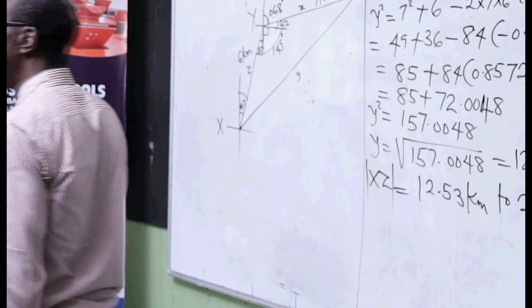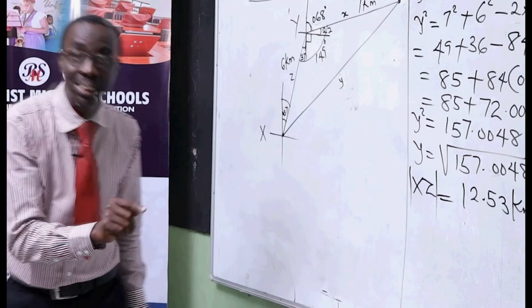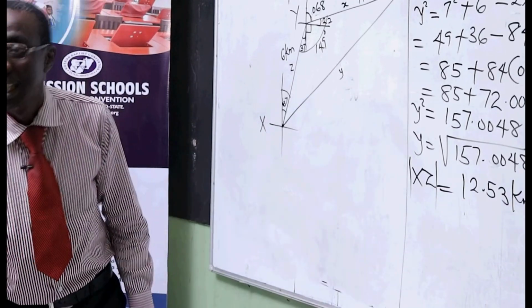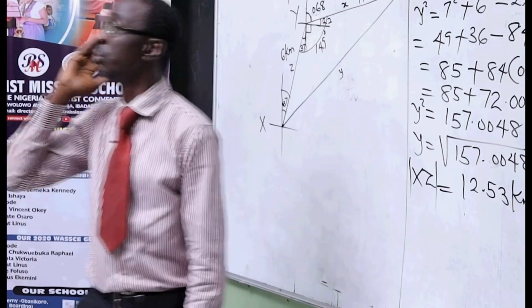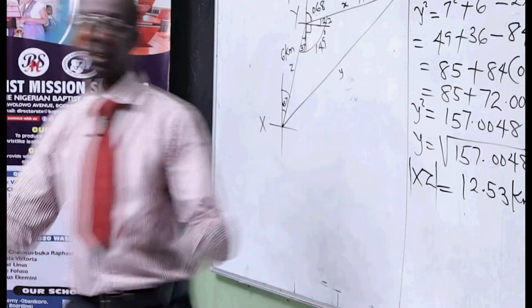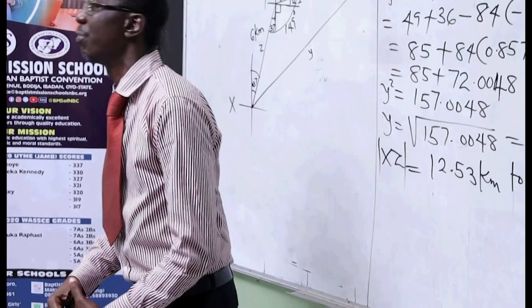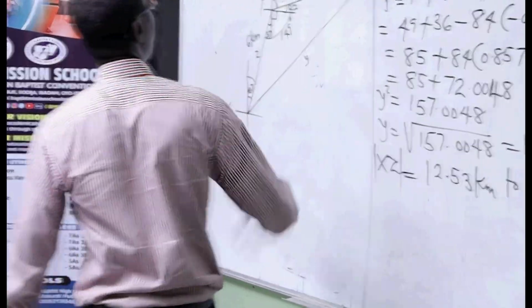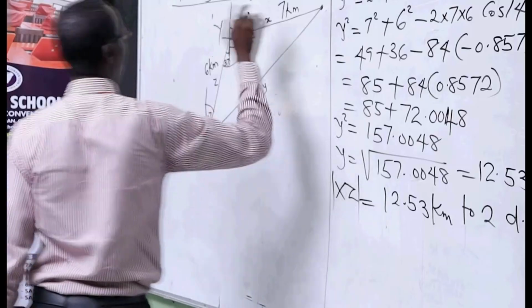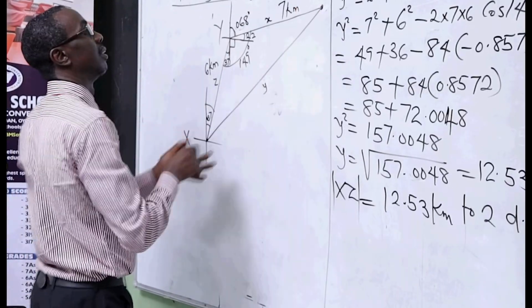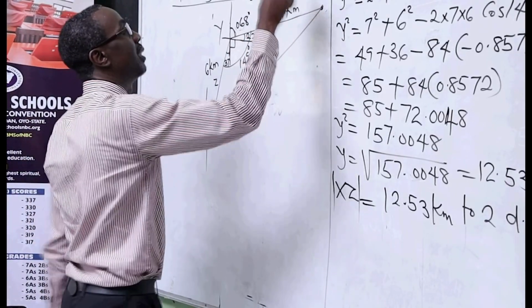So if the question is saying the bearing of x from z, the signal is you must go to z first. That's the first thing you do. When you locate the point of interest, our point of interest now is where? Z. Please check it.